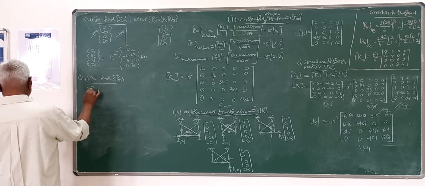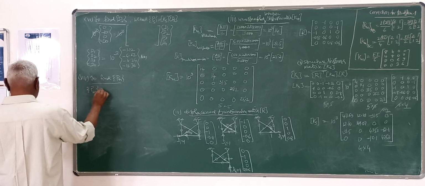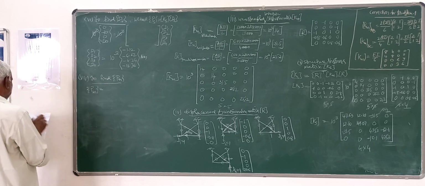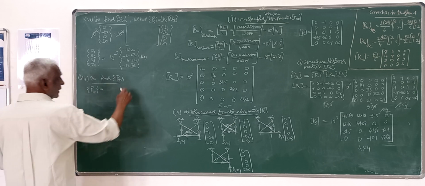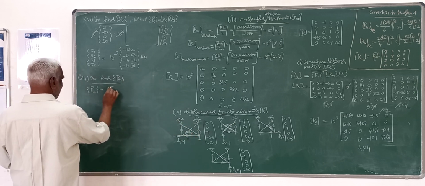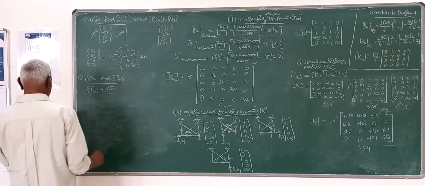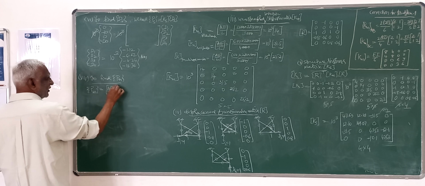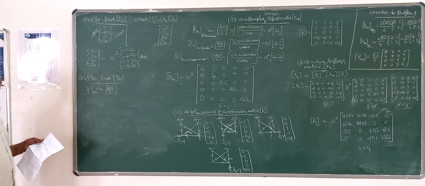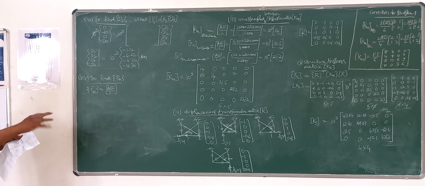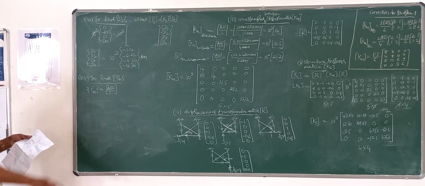This PM is nothing but, of course, for PM the inclination is also there. AE by L is the stiffness matrix of any member. I am giving a general formula for any member with inclination, so we have to take cos theta and sin theta. That's why there is a slight change.